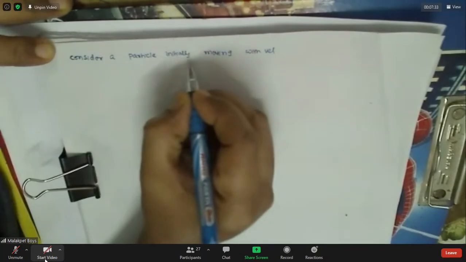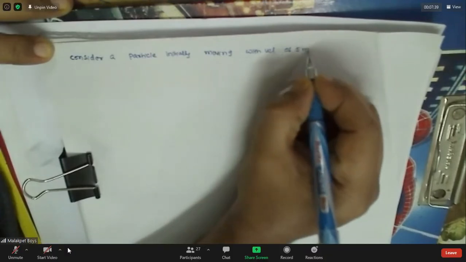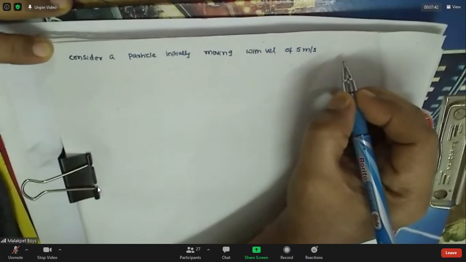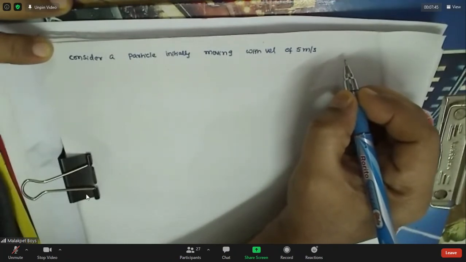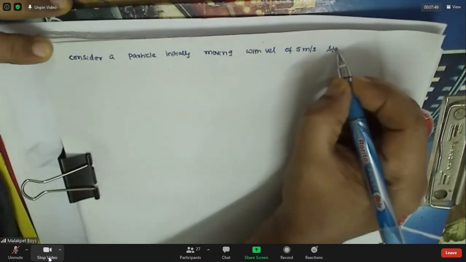Consider a particle initially moving with velocity 5 meter per second.